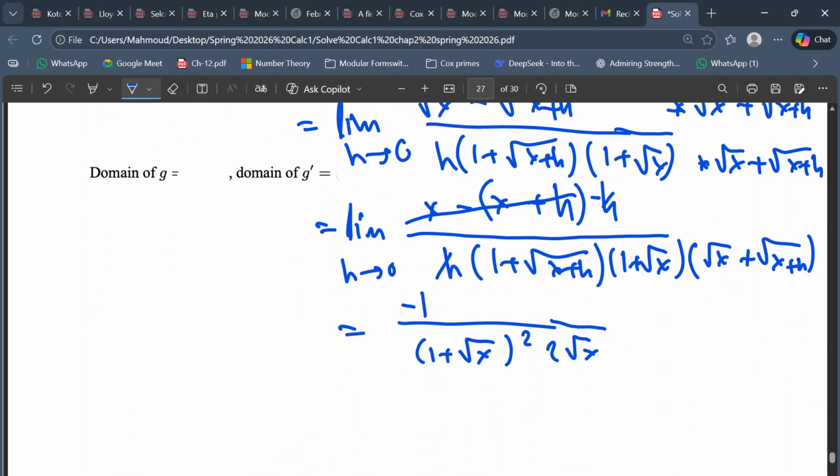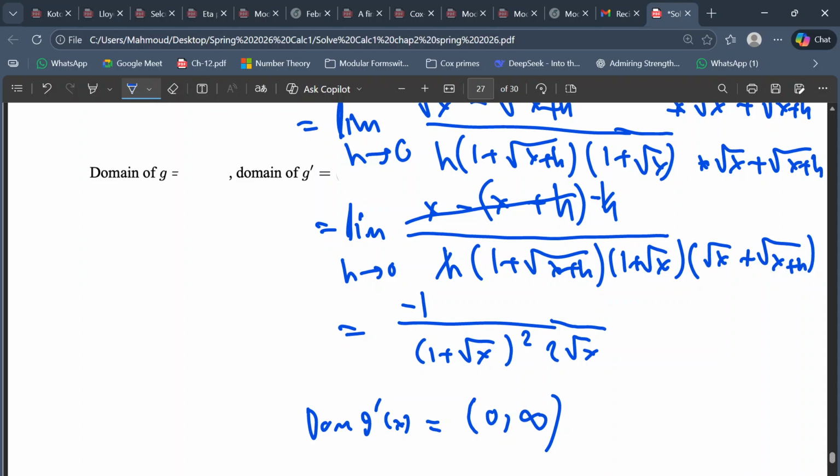What's the domain of g prime of x? So it will be 0 to infinity without including 0, because the square root is defined just for non-negative, right?